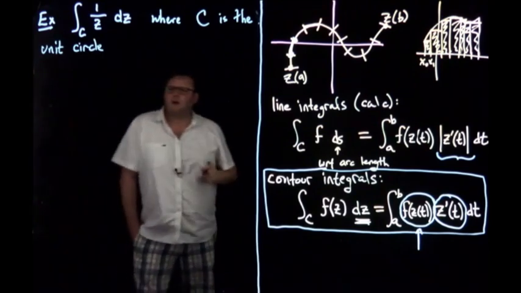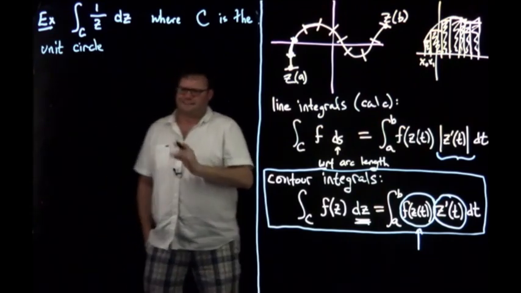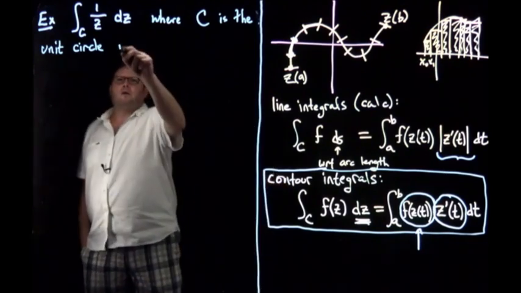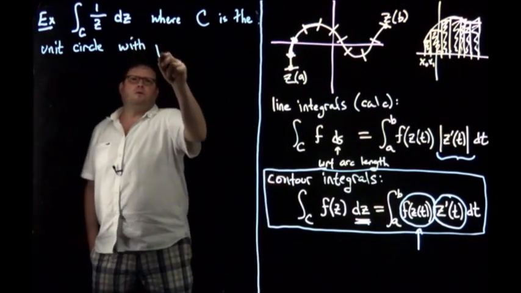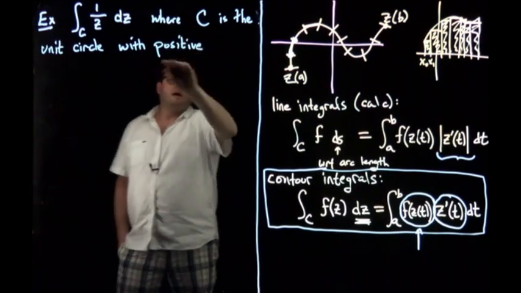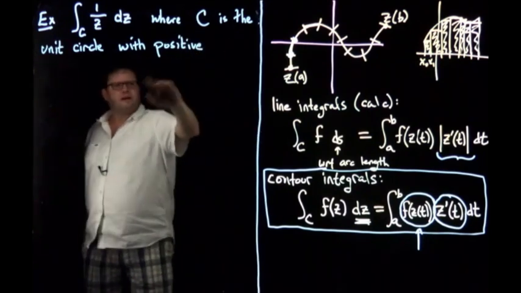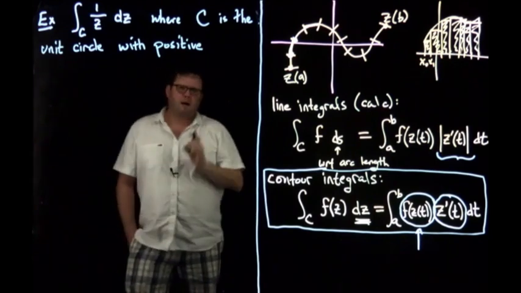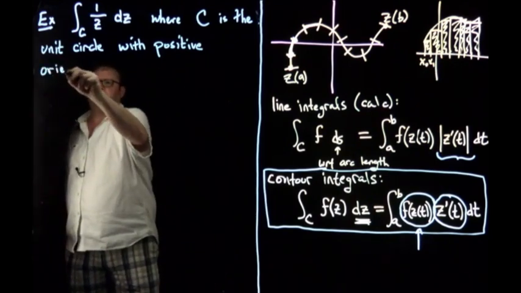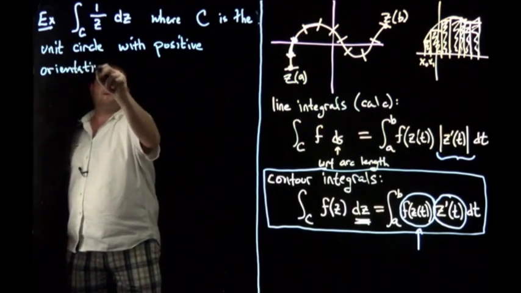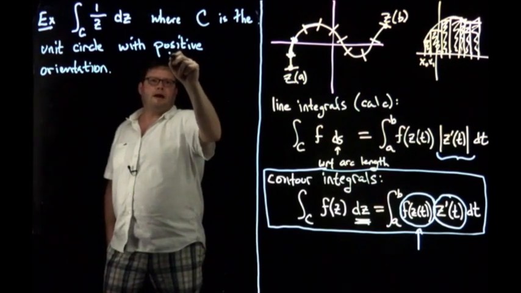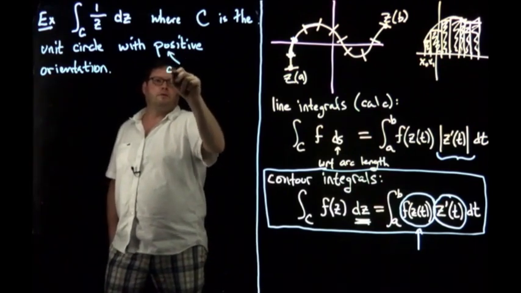Now remember, all of our curves are oriented, so I have to tell you which way we're going around. We're going to call positive the counterclockwise orientation. So this is positive orientation, and by that, I mean counterclockwise.